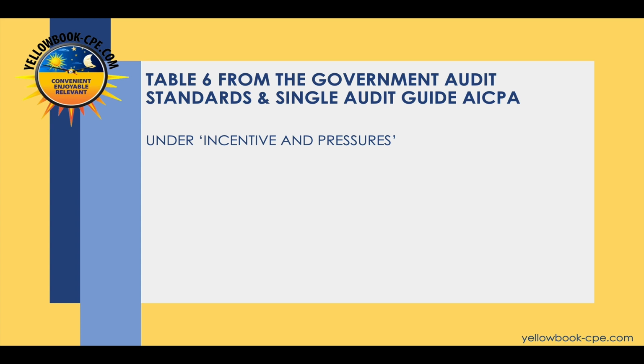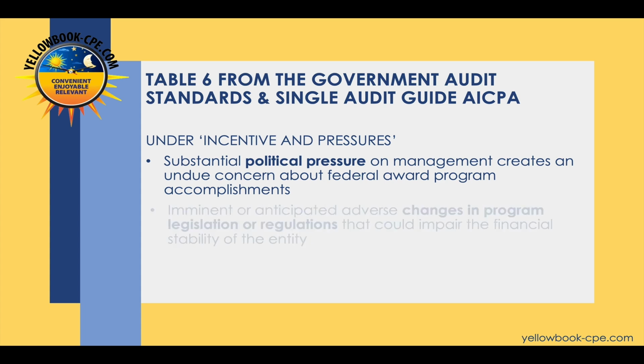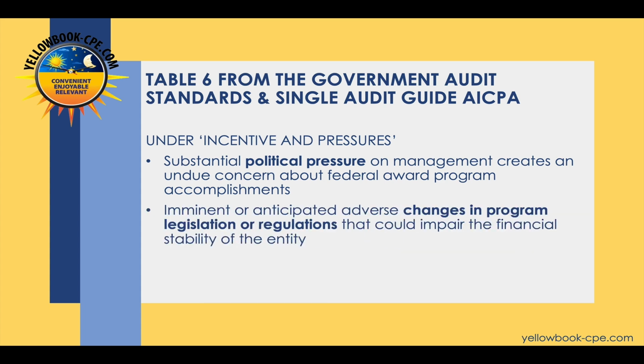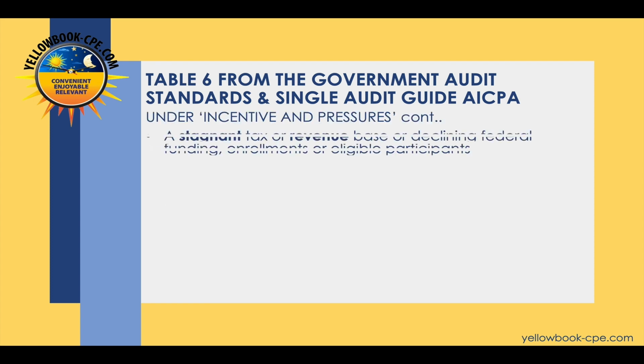So under pressure, which again is something we can see, maybe they're suffering political pressure. Maybe there are changes in program legislation or regulations. Maybe this is a new pot of money that's in there being asked to spend it right away, right? Maybe there's a competitiveness for federal awards, and so they want to look as good as possible so they continue to get the funding.